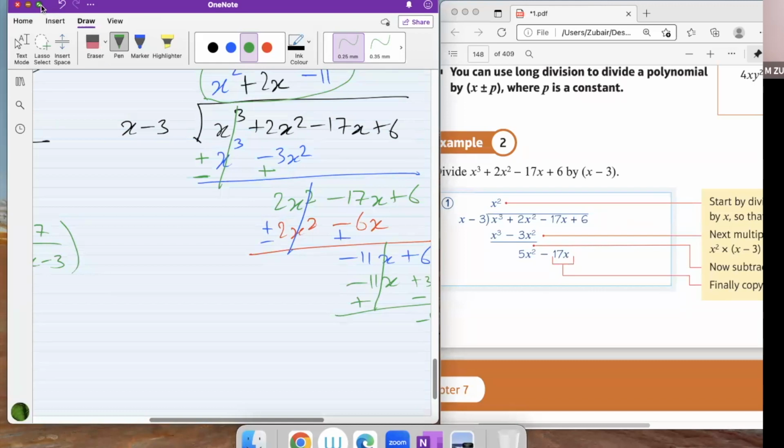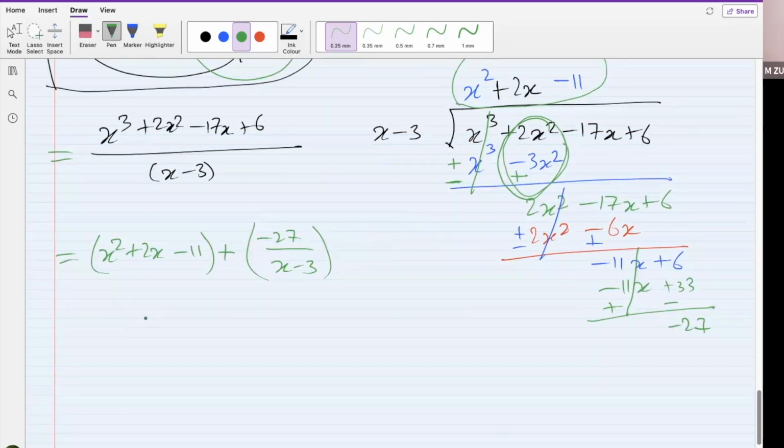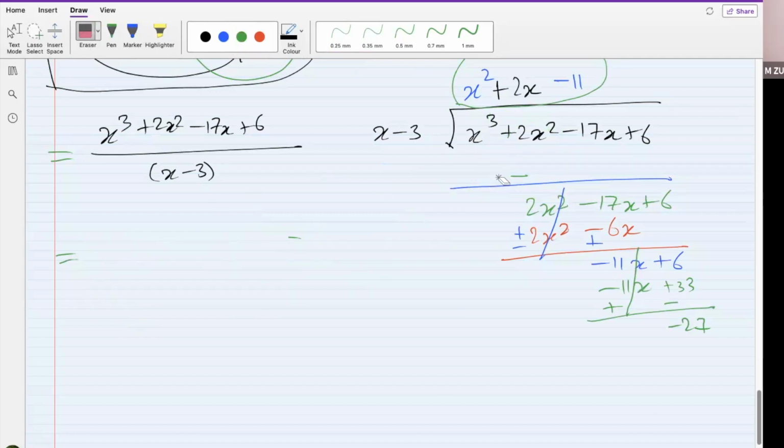And I just made a mistake and no one got that. This was 5x square, I copied 2x square. Let me quickly redo it. Did you notice this? 2 and 2 should be 5.